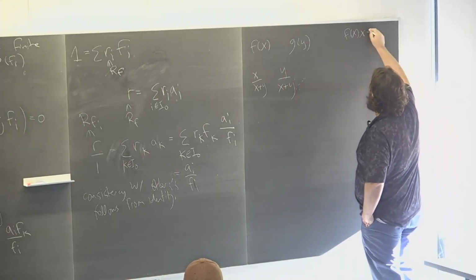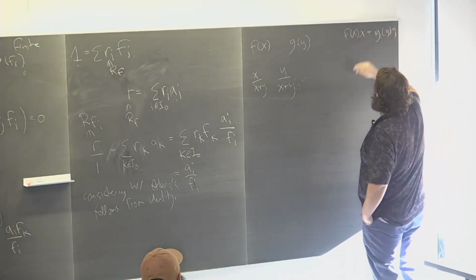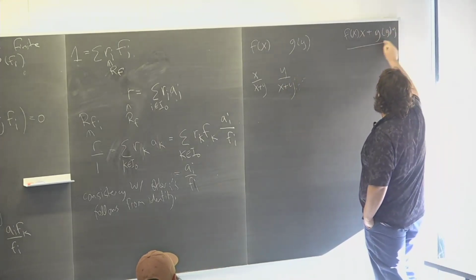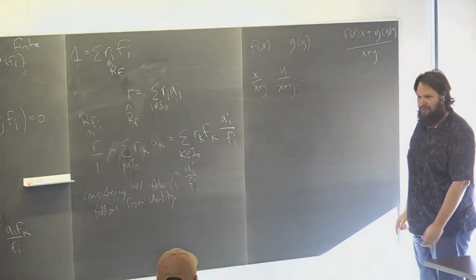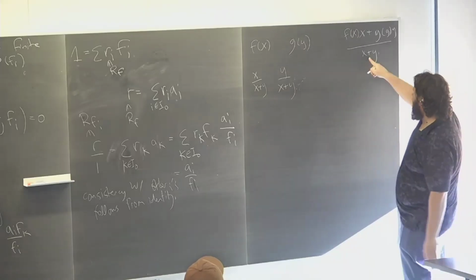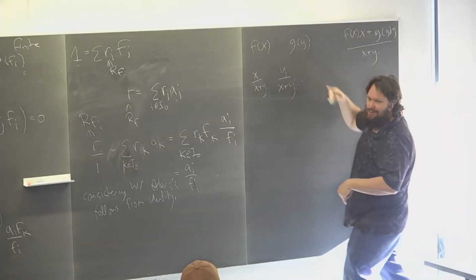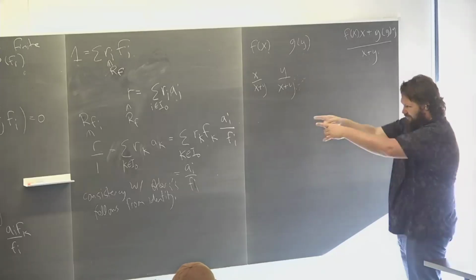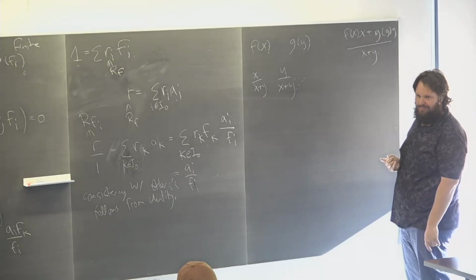So this goes to f(x) times x plus g(y) times y, divided by x plus y. If you restrict this to the x-axis or to the y-axis, you get back these two functions. So if you went through this proof, in this case, this is what it would tell you to do.